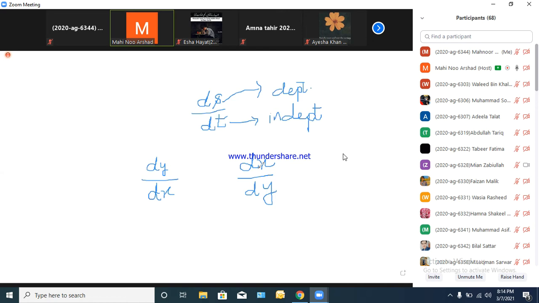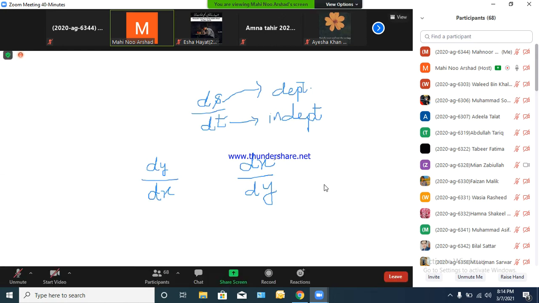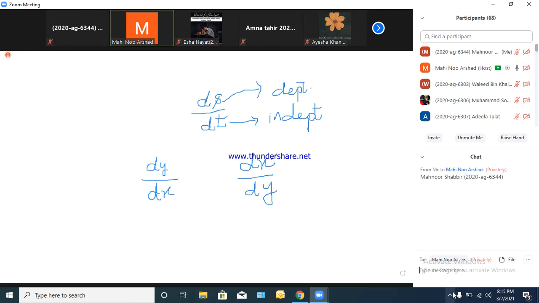You will read it as the rate of change in x with respect to the rate of change in t. Here x is the dependent variable and t is the independent variable.